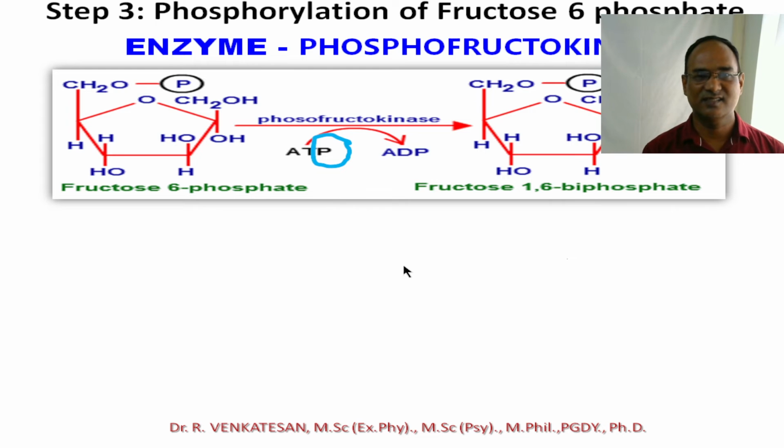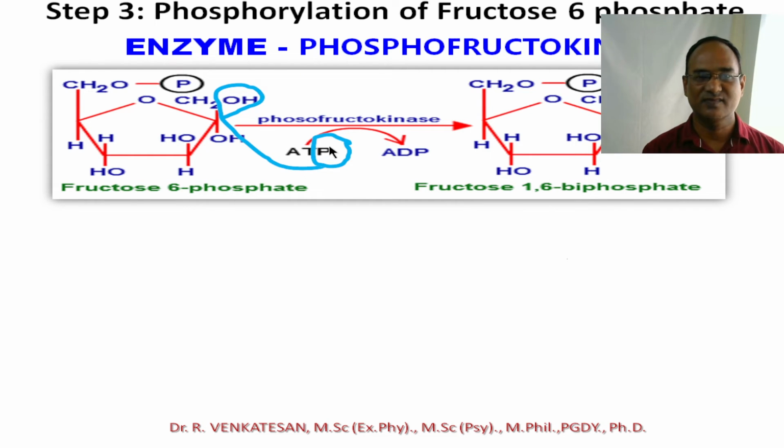Let us discuss this ATP. One more adenosine triphosphate we have to invest, and that one phosphate is attached to carbon one, making it a 2-phosphate energy compound. That's why we call it fructose 1,6-bisphosphate.